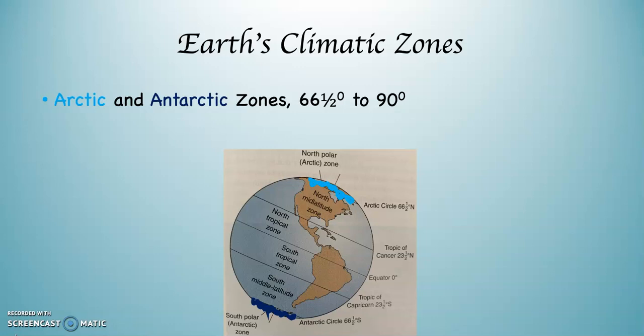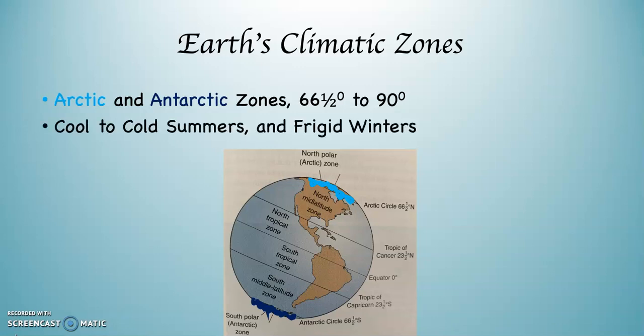The Antarctic zone is the one in the south, from the Antarctic Circle down to the South Pole at 90 degrees south. These are characterized by having cool to cold summers and really brutal, frigid winters. It's hard even to describe how cold they are. Exceptionally cold, minus 50, minus 60, minus 70, minus 80, minus 90, minus 100. Very, very cold during the winter in those locations.